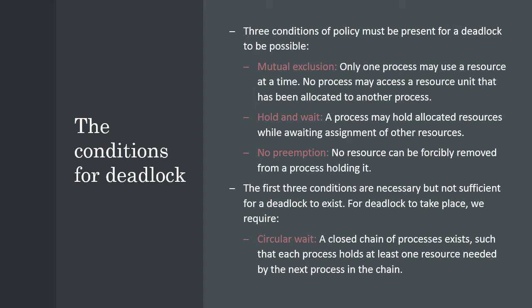So P1 needs the resource held by P2, which needs the resource held by P3, which needs the resource held by P4, and finally the last process in the chain needs a resource held by P1, the first process of the chain. This completes a circle. This condition needs to be present for us to say, yes, this is a deadlock.